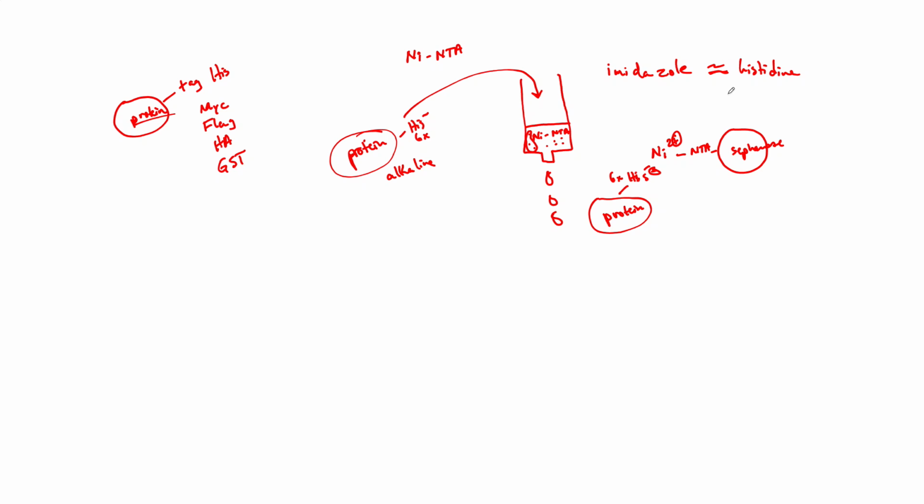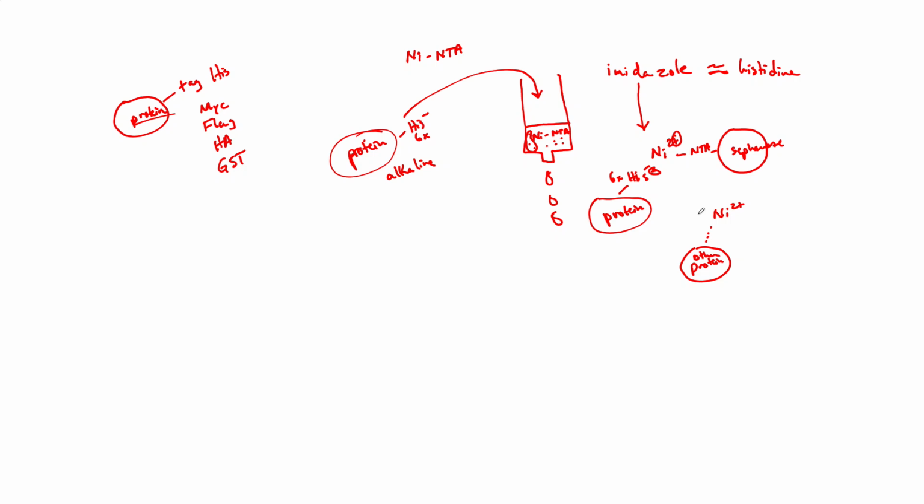And so basically what happens is if you put imidazole onto this column, anything that's not very tightly bound to the nickel will be replaced by the imidazole, and it'll basically boot off whatever that protein is that's bound somewhat lightly.